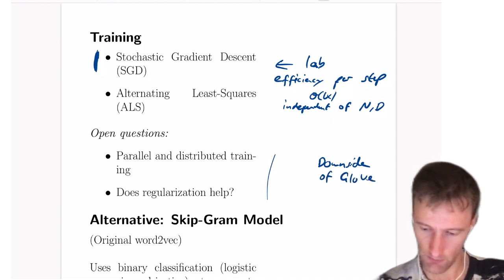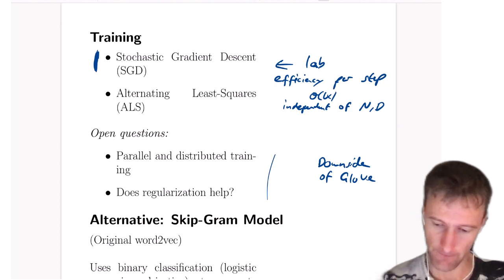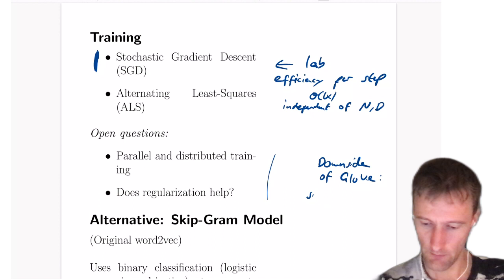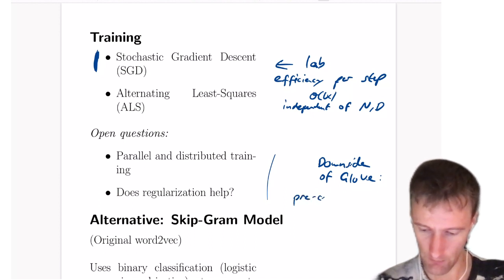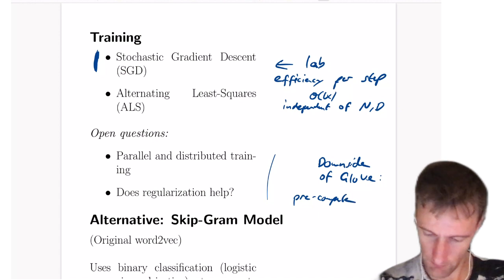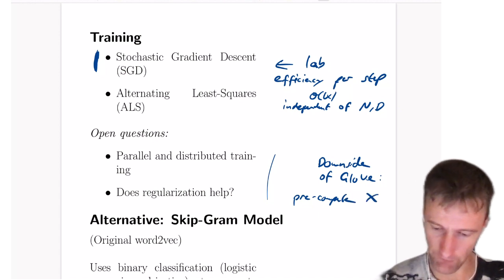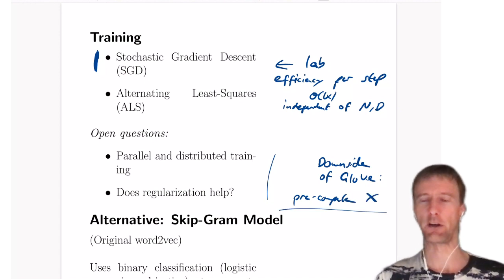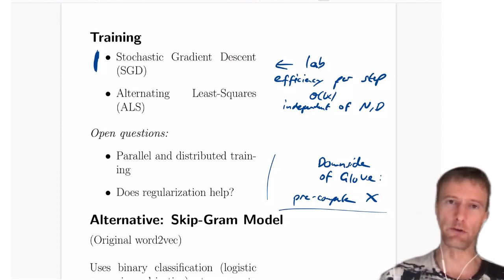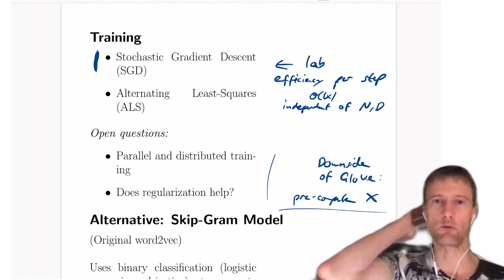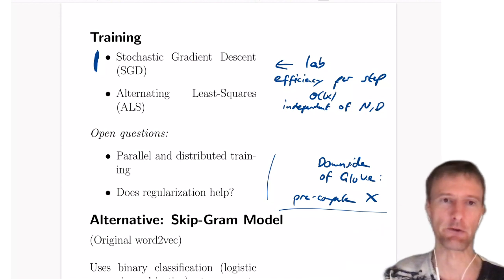So we pre-compute this X, and this is a gigantic work, and it also makes it kind of hard to hold this X matrix in memory if you are on a moderately sized computer.